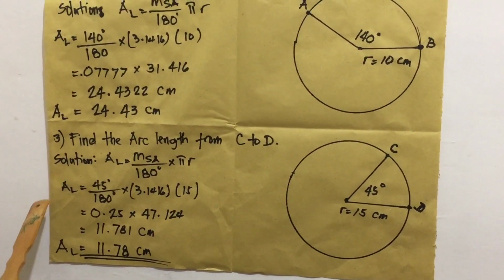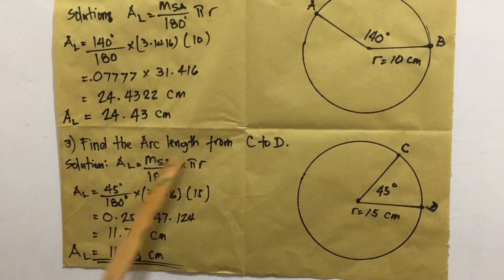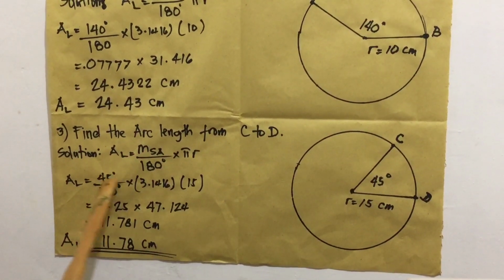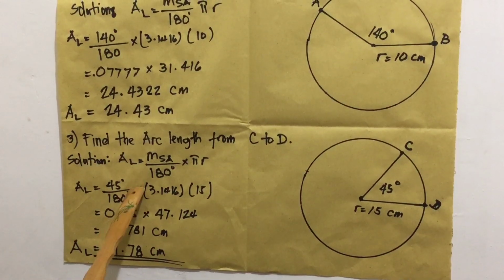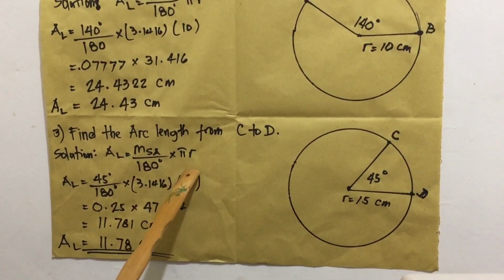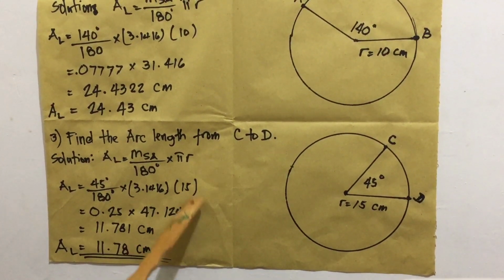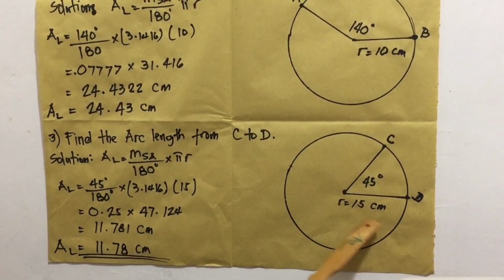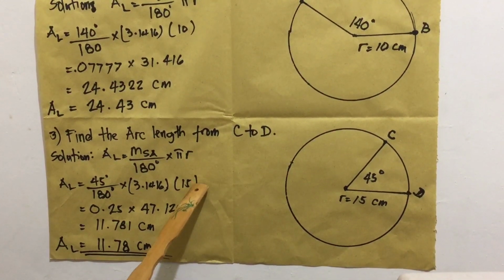Then substitute, arc length equals the MSE, we have 45 degrees over 180 degrees times the value of pi, we have 3.1416 times the radius. The value of the radius is 15 centimeters, so we have now 15 here.